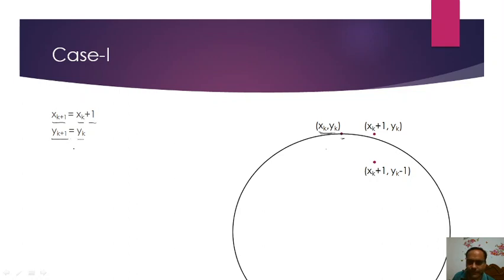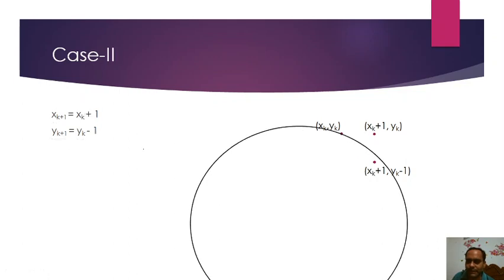Similarly, if the circle is like this and we have calculated this point, now you can see the locus of the circle passes nearer to this point instead of this. So in this case we have to opt for this pixel, and coordinates for this pixel are xk plus 1 and yk minus 1, because with reference to this point we have moved one step in the horizontal direction, therefore xk plus 1, and moved one step downwards also, therefore decrementing yk.